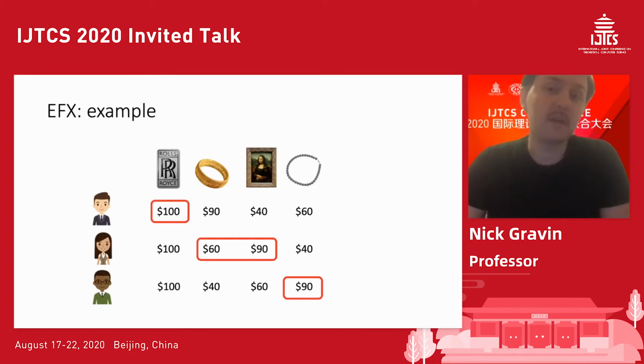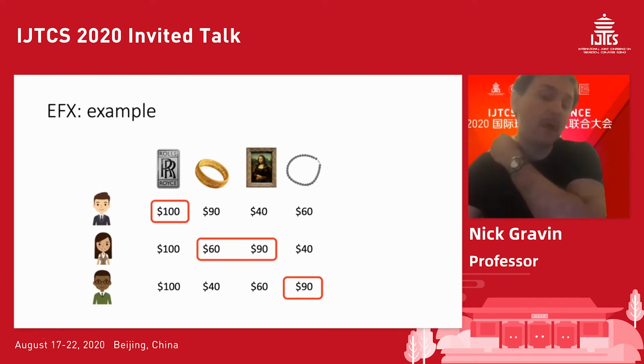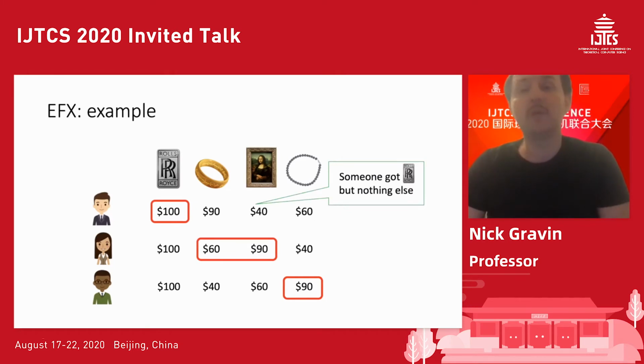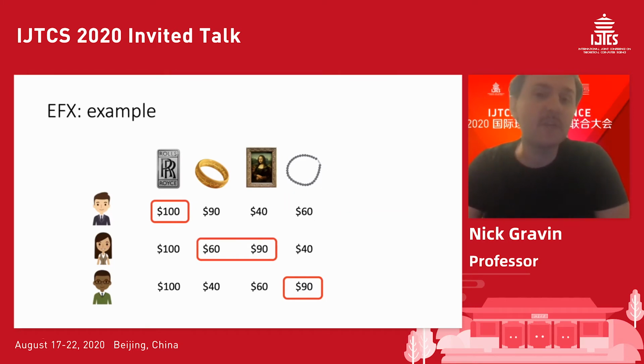So the red allocation, where the first guy gets the Rolls-Royce, the second agent gets a ring and painting, and the third guy gets a necklace. It's actually an EFX allocation. It's pretty easy to see why.